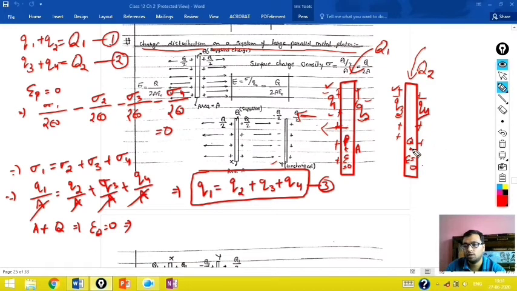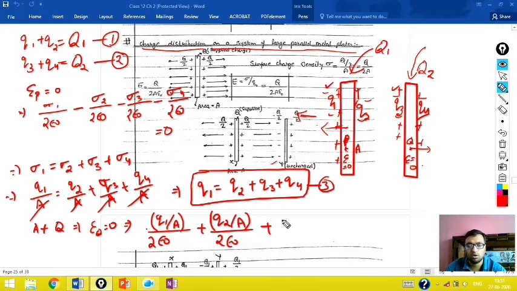Basically here we have 4 infinite plates, and at this point Q, your electric field due to the first infinite plate, I can directly write Q1 by A, that is sigma upon 2 epsilon naught, plus due to Q2 also again sigma 2 upon 2 epsilon naught, plus due to Q3 also electric field will be away from the positive charge or away from the plate, and it will be Q3 upon A upon 2 epsilon naught.